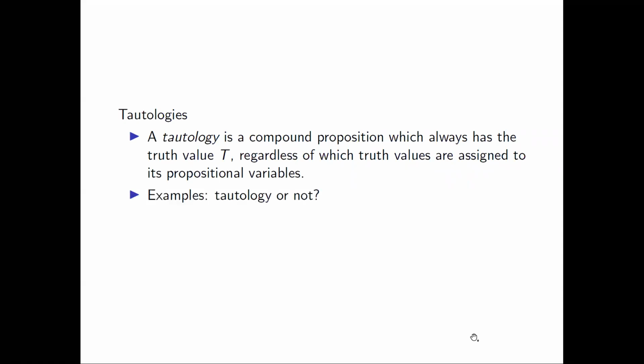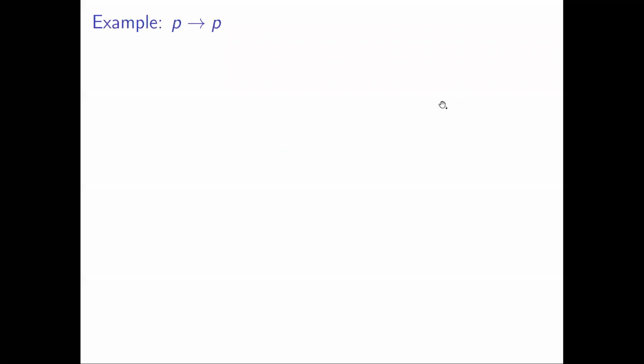And in order to illustrate tautologies, we're going to look at some examples and we're going to determine whether or not they are tautologies. So I'm not saying ahead of time that these are tautologies, but we're going to figure out whether they are. So here's this first one. To determine whether something is true for all possible combinations of truth values of its propositional variables, we already have a tool that we can use.